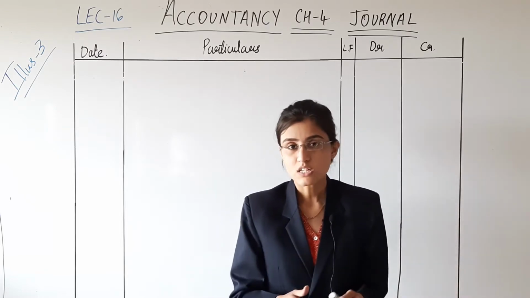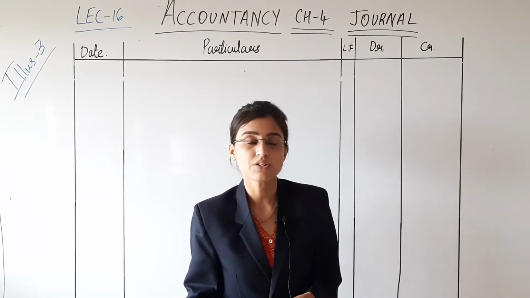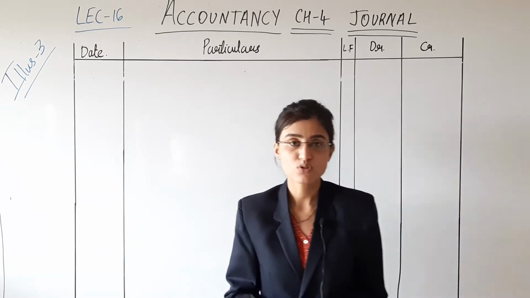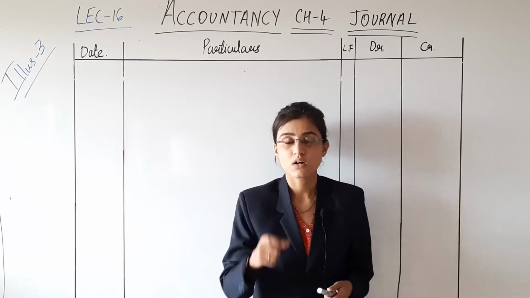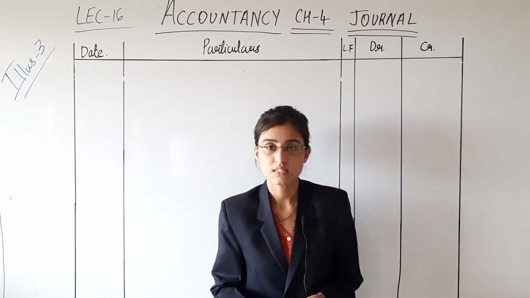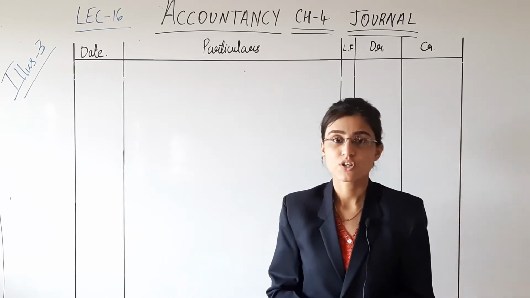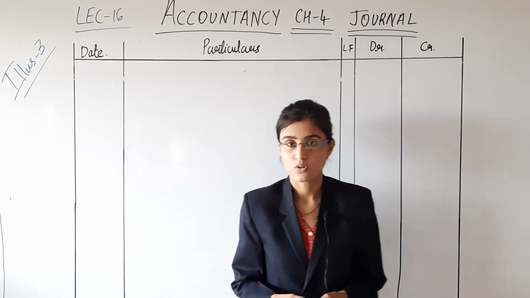On such basis, you are writing journal entries, you are recording transactions in the books of accounts in journal. We have understood illustration 1. We have also solved illustration 2.